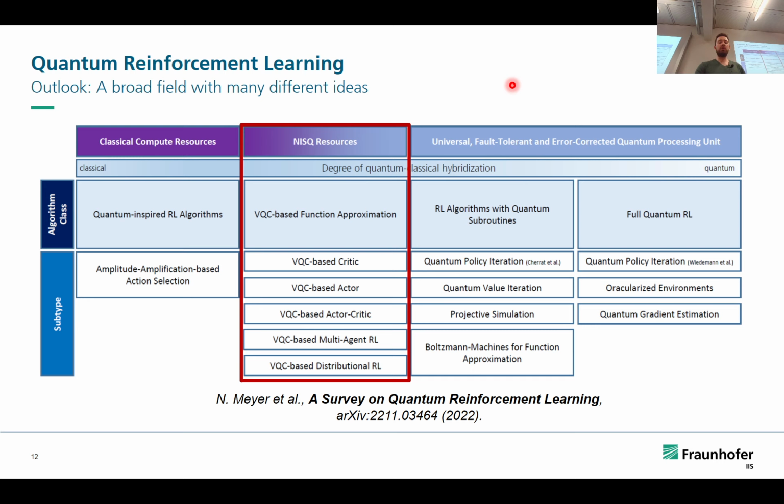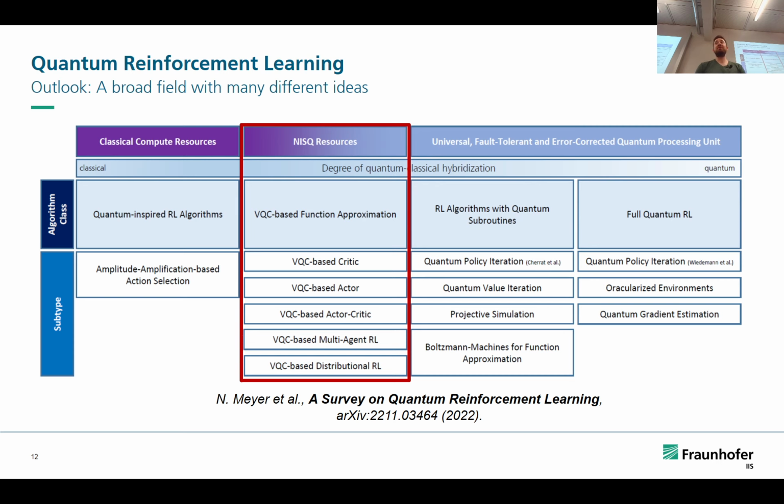So what we currently focus on are these in-between algorithms, where we can do things actually on hardware, but typically we don't have any, or at least fewer, guarantees for the performance of our algorithms. But that's also very similar to deep learning.